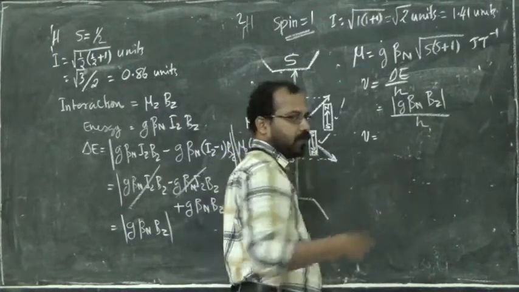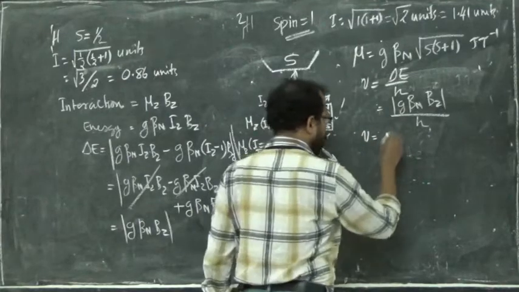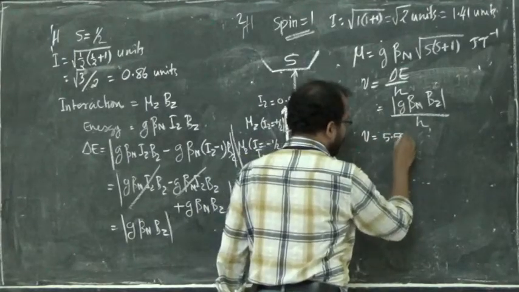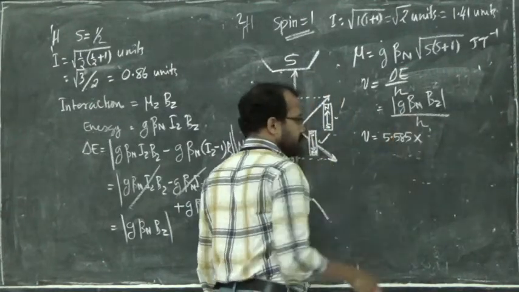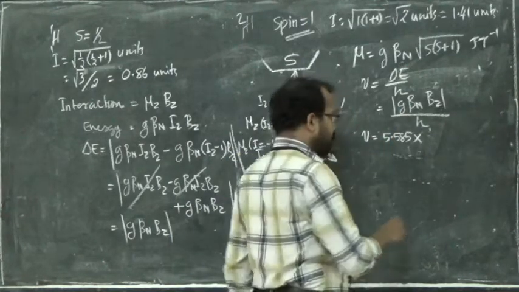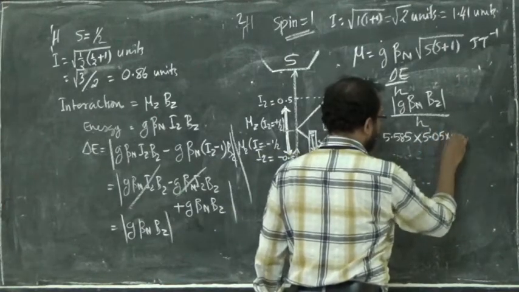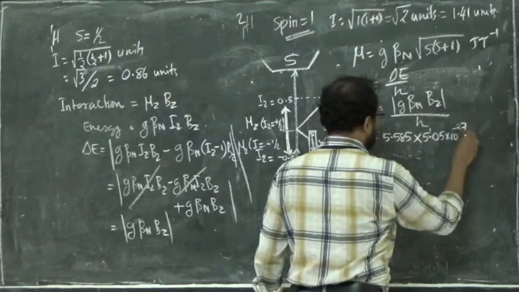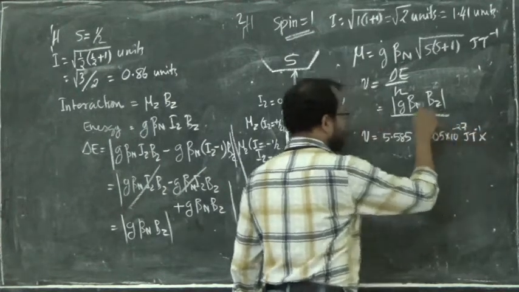Let us substitute the values. g in the case of the hydrogen nucleus is 5.585, into beta n, the nuclear magneton, whose value is 5.05 into 10 raised to minus 27 joules per Tesla, into Bz.